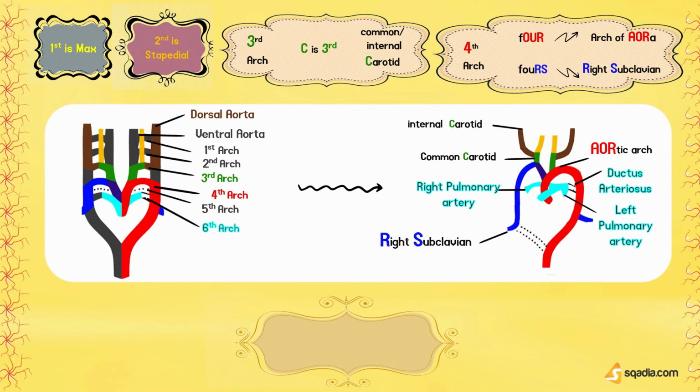Well, this is lame, but the digit 6 looks like lungs to me. So, right pulmonary artery and left pulmonary artery. And digit 6 looks like a small d to me. So, ductus arteriosus.